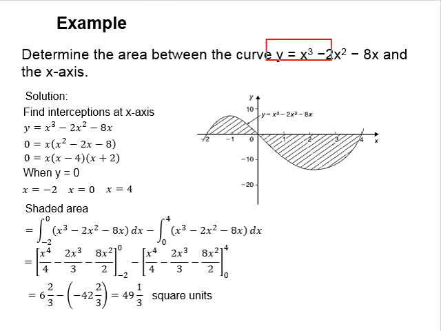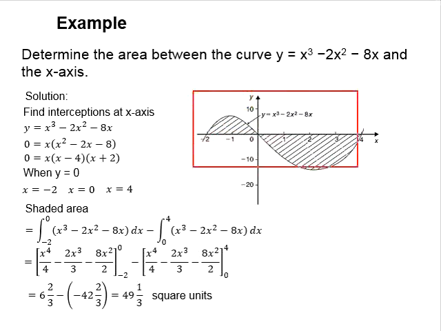You are given the function y equals x power 3 minus 2x squared minus 8x. You are asked to determine the area between the curve and the x-axis. To solve this question, first you need to sketch the layout of the curve. Find the intersections of the curve with the x-axis by taking y equals 0.